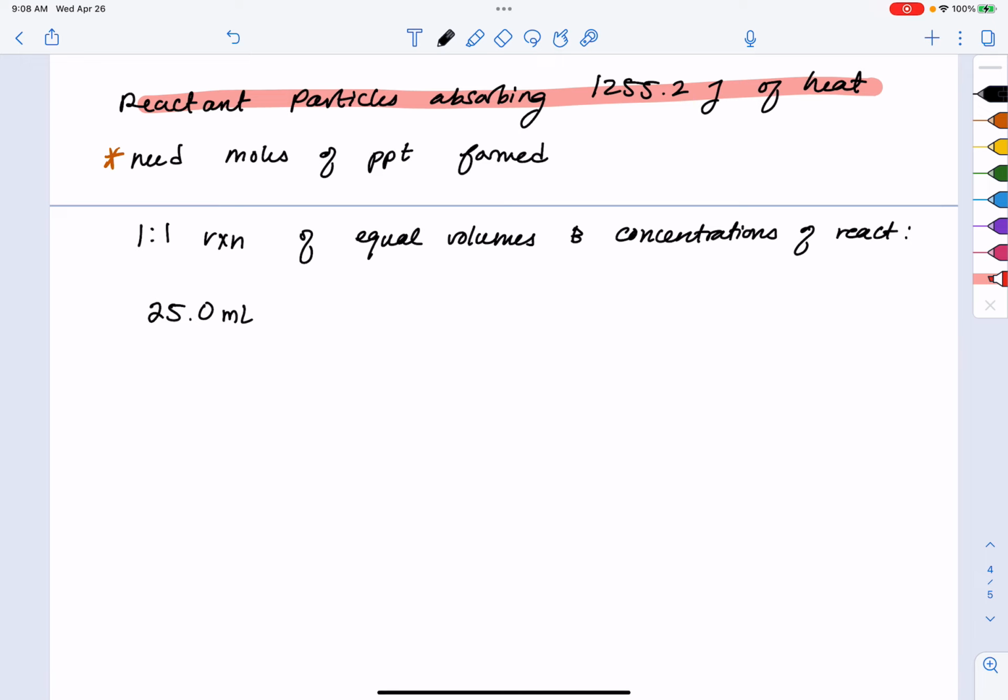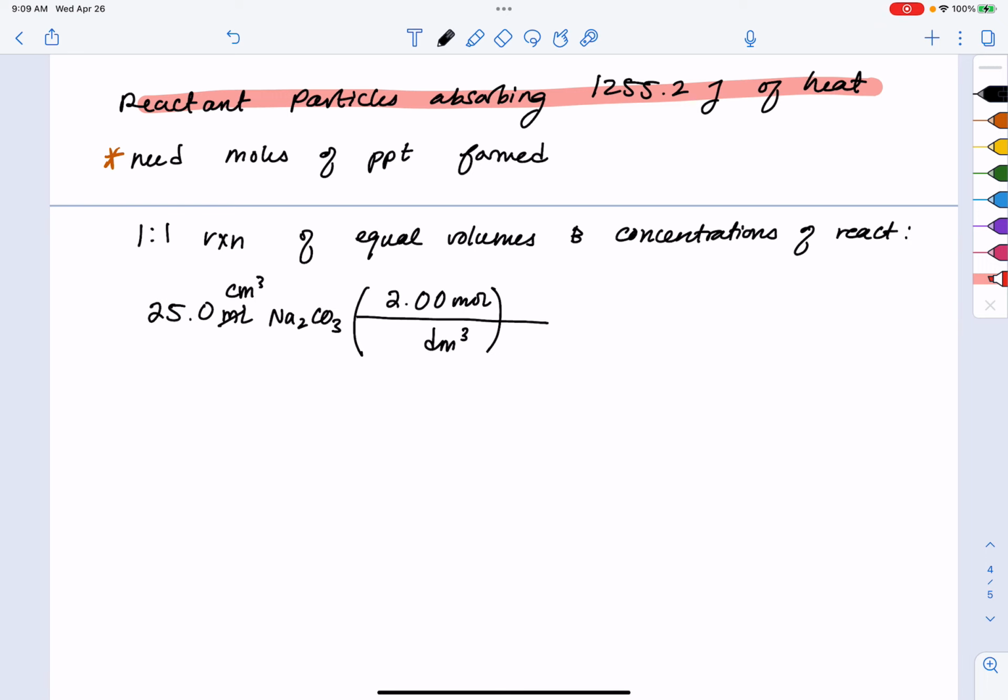So we had 25 mL of, let's do the sodium carbonate. I was given a concentration of 2.00 moles per cubic decimeter. Well, that's a bummer, because milliliter, remember, is really just a way of saying cubic centimeter. So I'm just going to cross this out and say cubic centimeter.